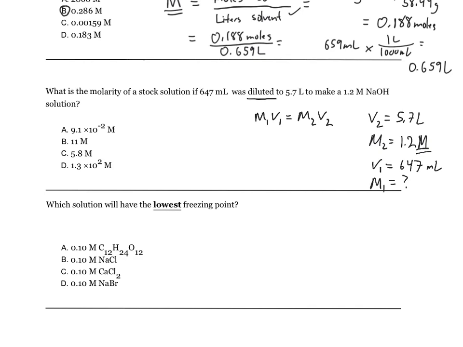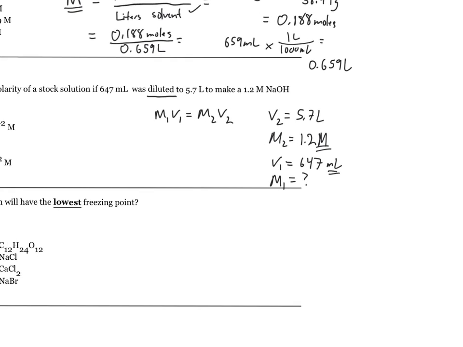As seen previously, you've got to convert that to liters. Divide by 1,000. That would be 0.647 liters. So we solve for M1. So 1.2 molar times 5.7 liters divided by 0.647 liters.